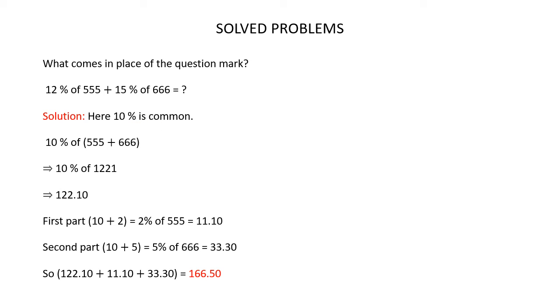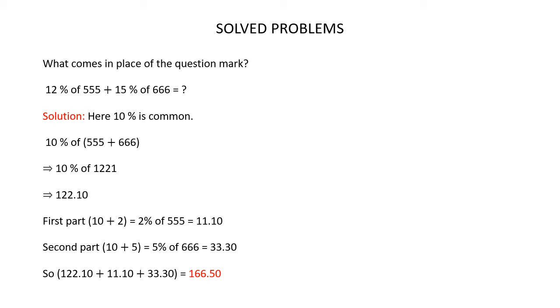So, first find out the value of 10% of 555 plus 666. 555 plus 666 is 1221. So, first find the value of 10% of 1221, which is nothing but 122.10.